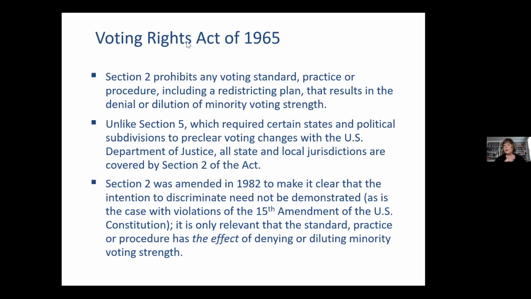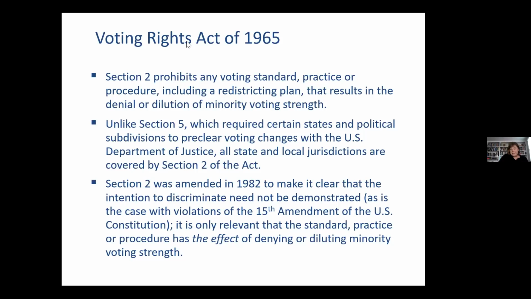Section 2 has always applied to the entire country, and it still does. So everybody should be aware of what Section 2 means for them in the context of redistricting.